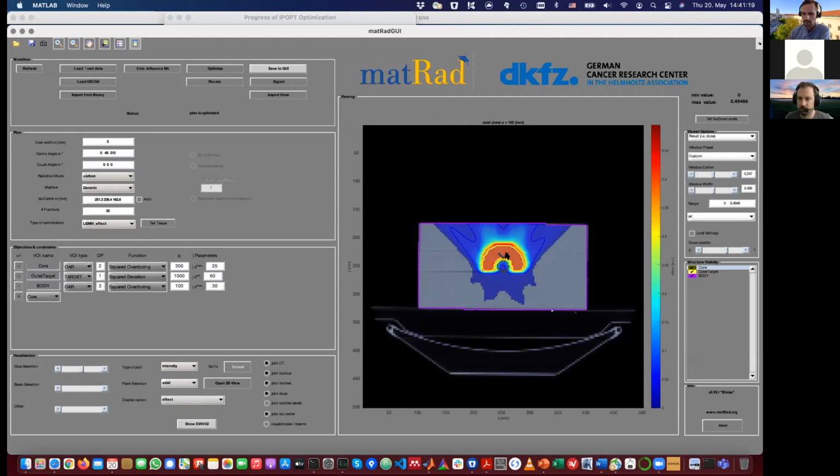This is basically the biological effect, which is dimensionless and has here a number of, I think, 0.4 in the target, and that's what's being optimized. And then after the optimization finished, you take the square root and add some factors, which are basically the reference photon parameters, and convert it back to RBE weighted dose. Here's again the RBE weighted dose.